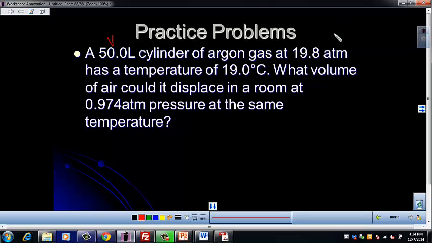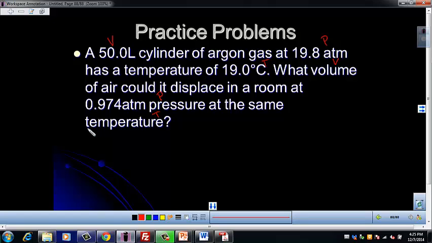Liters is the unit of volume. Atmospheres is a unit of pressure. And then it says it's a temperature of 19 degrees C. It's asking me for a volume, and it's also giving me a pressure, and it's telling me it's at the same temperature. So looking at that, I have 2 volumes, 2 pressures, 1 temperature, and we'll talk about what to do with that. But clearly we have more than one set of conditions.